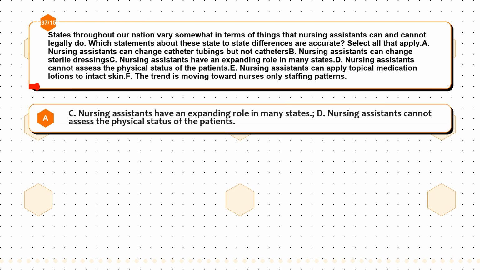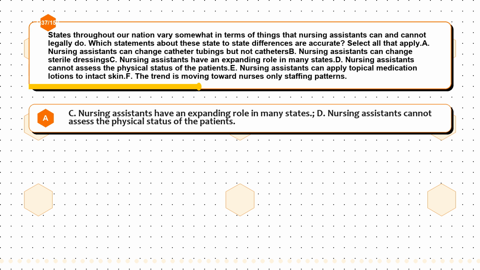Question 37. States throughout our nation vary somewhat in terms of things that nursing assistants can and cannot legally do. Which statements about these state-to-state differences are accurate? Select all that apply. A. Nursing assistants can change catheter tubings, but not catheters. B. Nursing assistants can change sterile dressings.